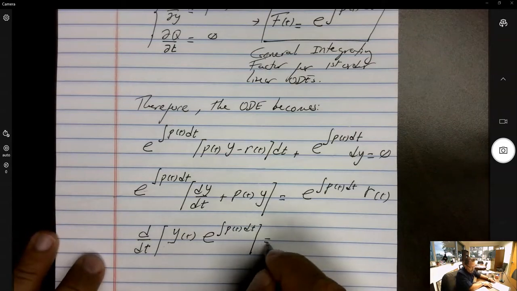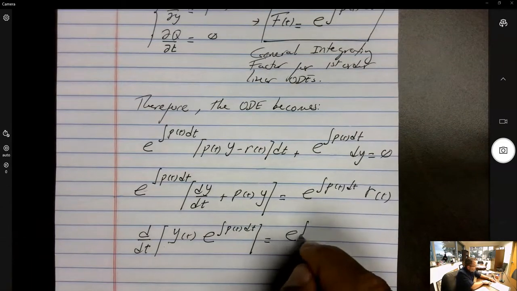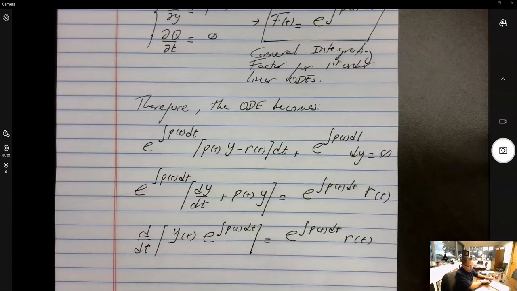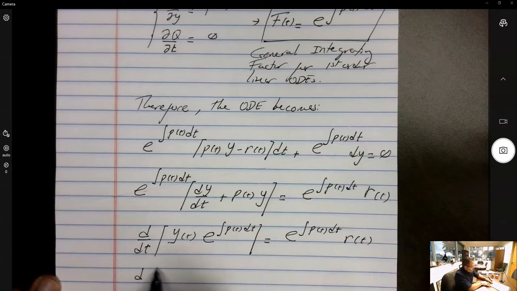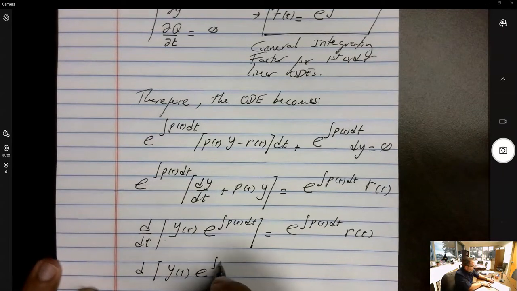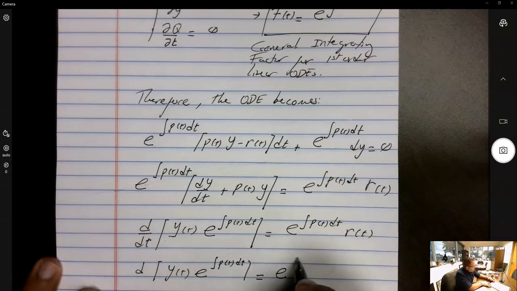And this is equal to e to the integral of p of t dt times r of t. So d/dt of y of t e to the integral of p of t dt is equal to e to the integral of p of t dt times r of t.